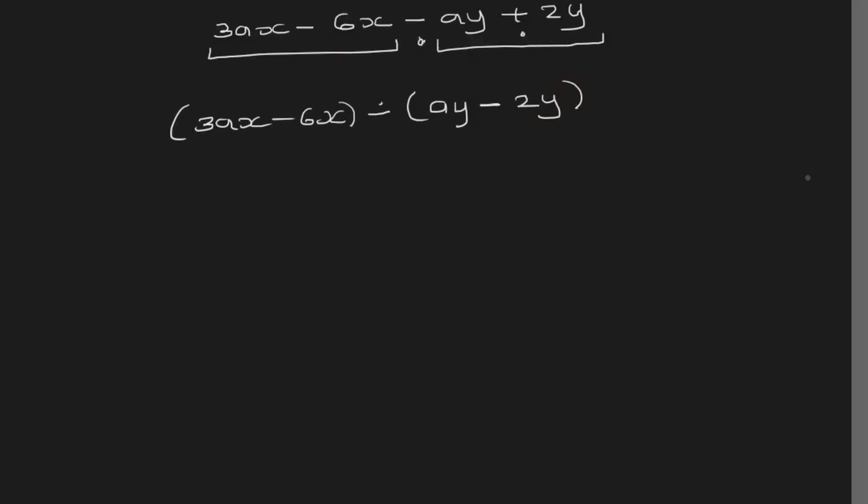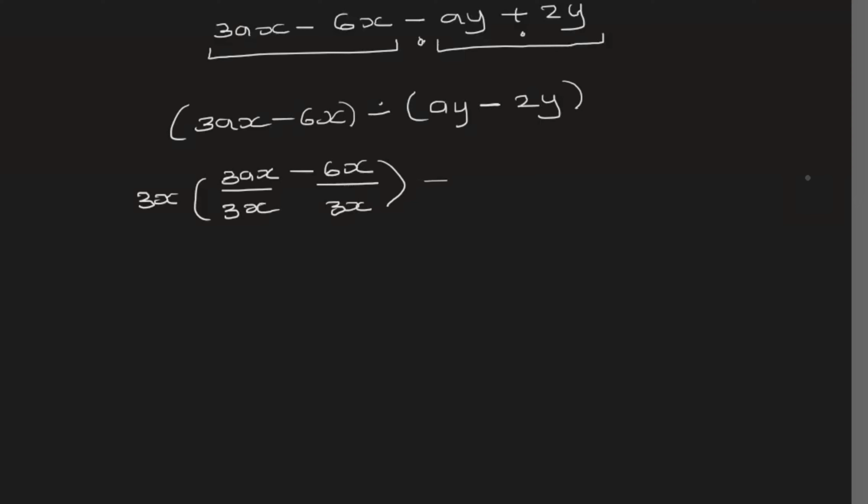Now in the first parenthesis, we ask ourselves, what is the highest common factor, which is 3x, open a bracket, 3ax minus 6x. We divide by 3x, and we say minus.